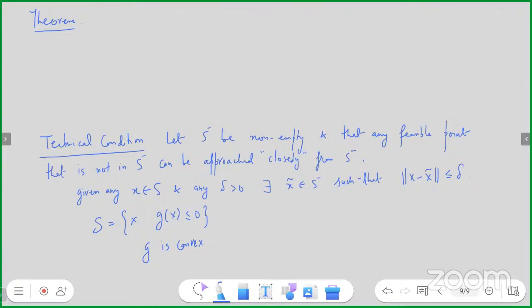Okay, so what is the theorem? Let F, G, and B be continuous.